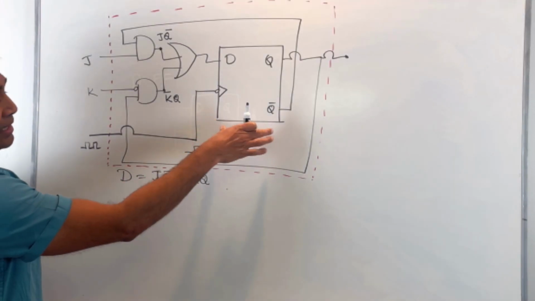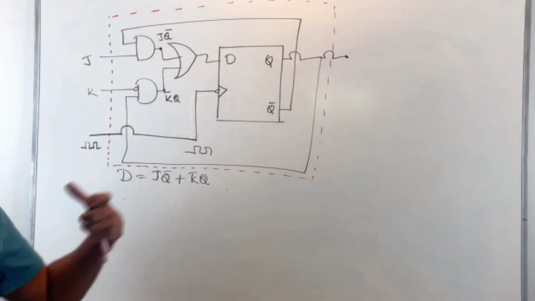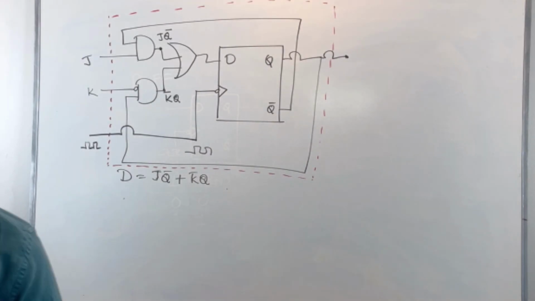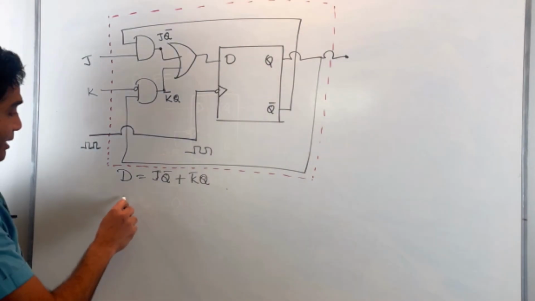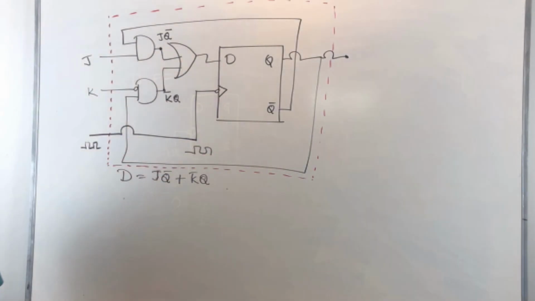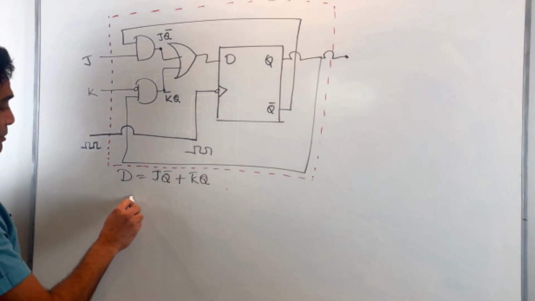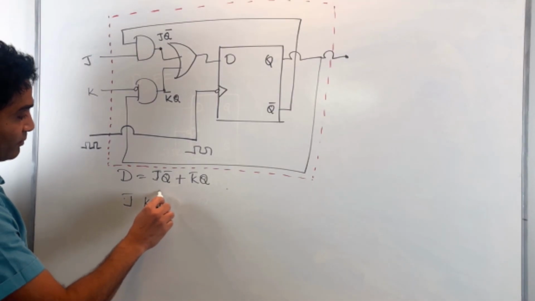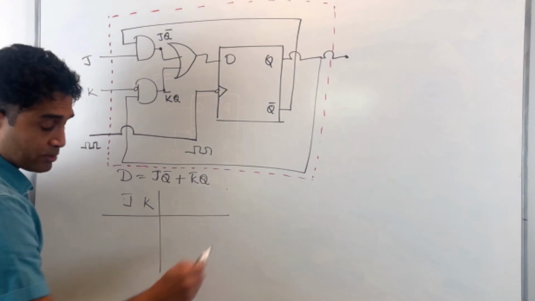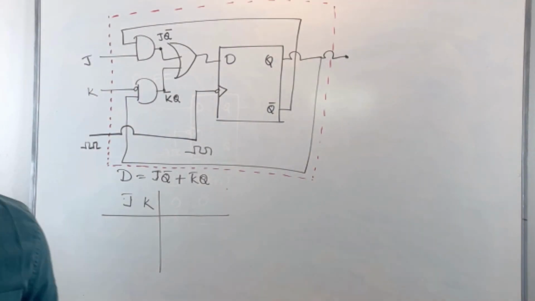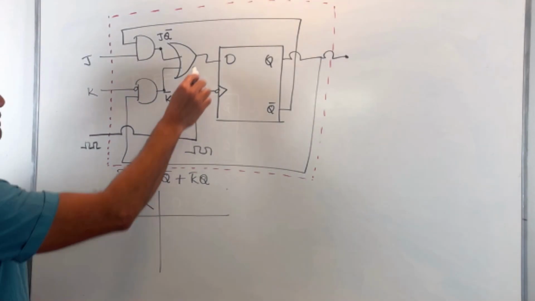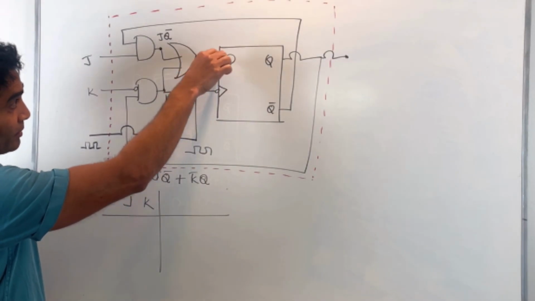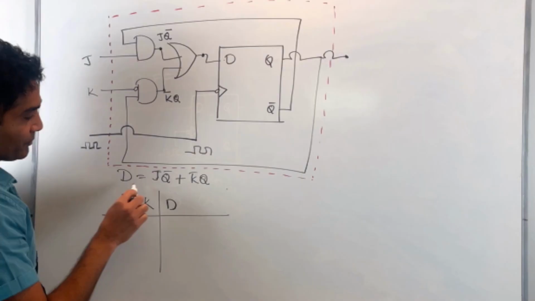I know exactly how this particular block works, and I have the characteristic table for that block already. So now I can again apply the modular design process. Right? So I have J and K. These are my inputs to that flip-flop. These are the independent inputs. I can apply any values on J and K. And then I have the intermediate output, which is actually connected to D. So I will call that D. Right?